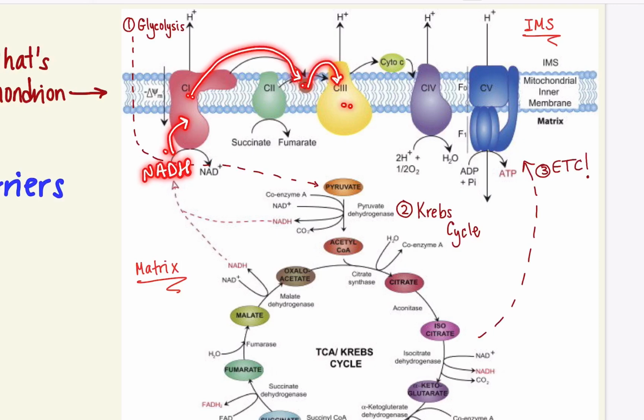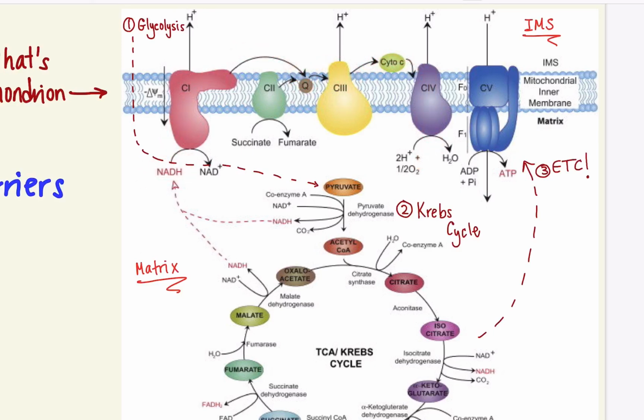Now complex 3 has these electrons, and it gives them to cytochrome C. Cytochrome C has those electrons, gives them to complex 4. And finally, complex 4 takes those electrons and gives them to oxygen.